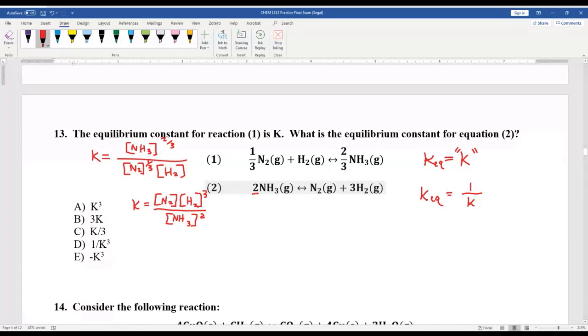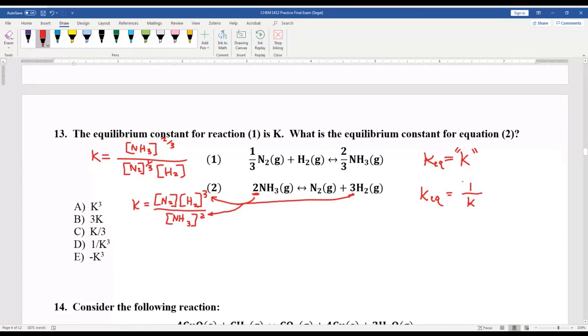So remember that your coefficients become your powers. So multiplying it by 3 actually raises the power.